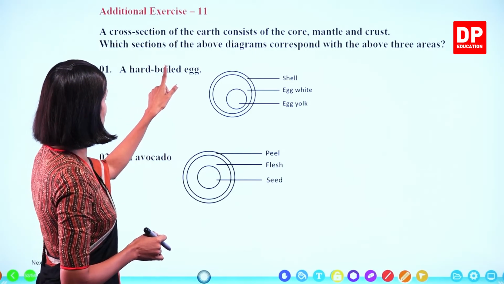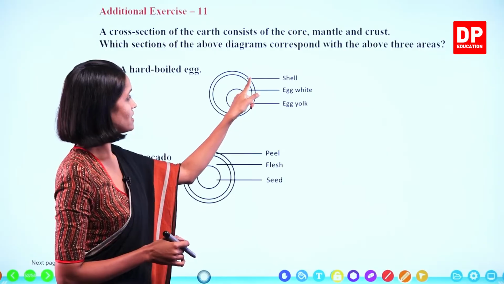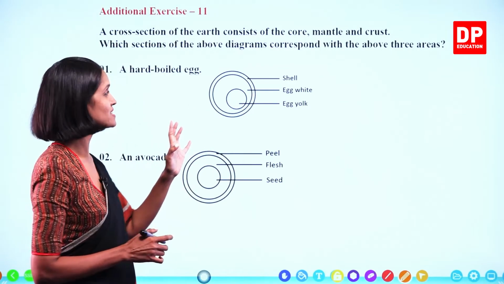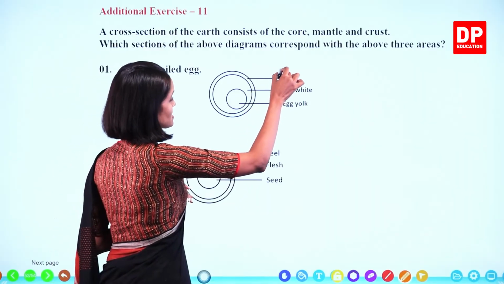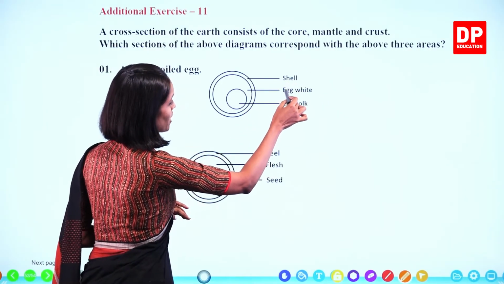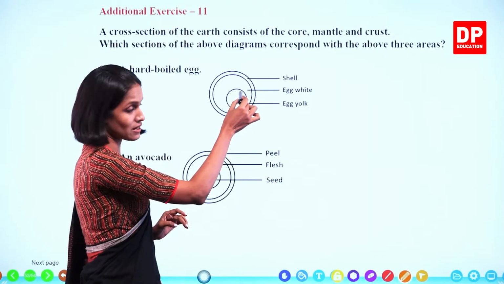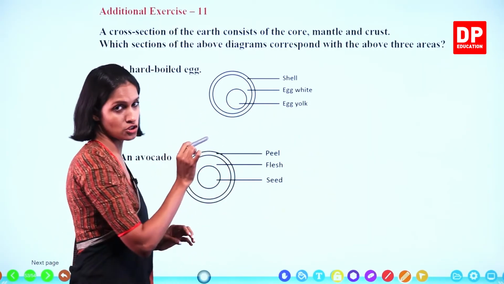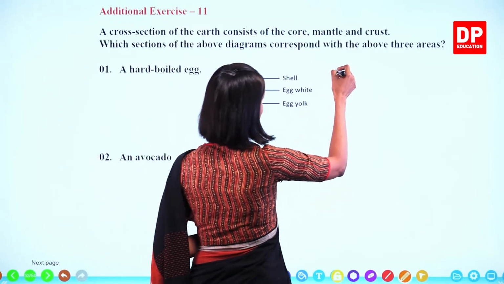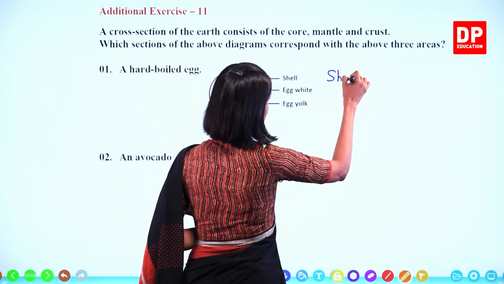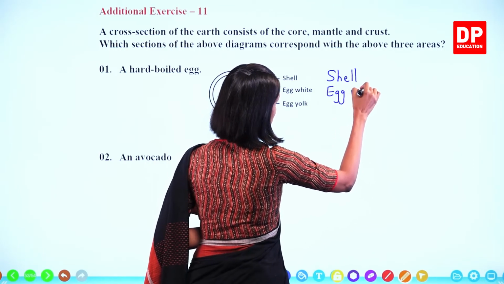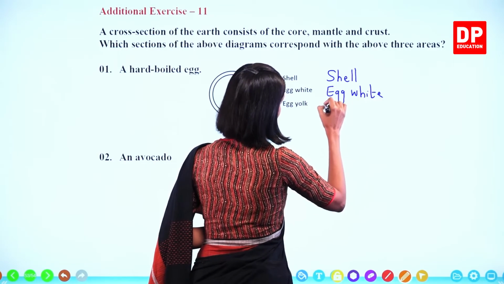So when you consider the hard-boiled egg, it has the shell, egg white, egg yolk. So we can consider that shell is the crust of the earth, egg white is the mantle of the earth, the middle layer, and the innermost layer, core, is the egg yolk, right? Let's write. Shell, egg white, egg yolk.